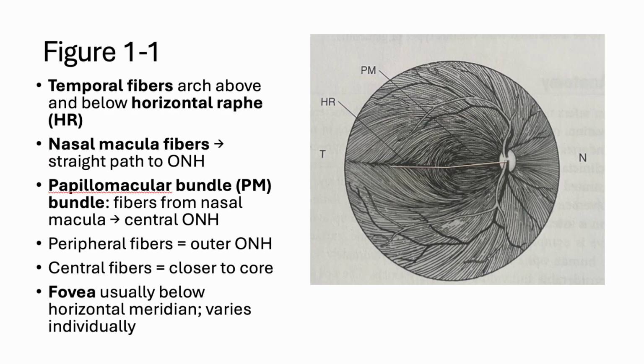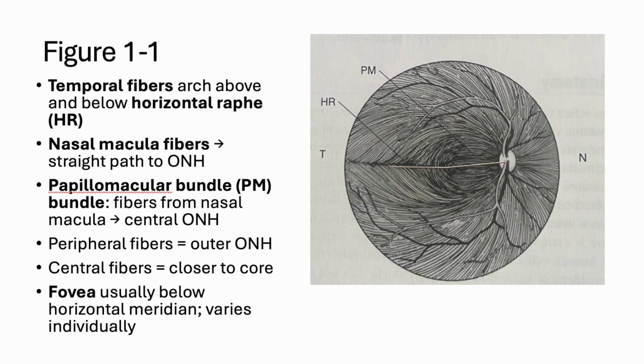Figure 1-1. This illustration shows the anatomical pathways of nerve fibers entering the optic nerve head. Temporal fibers arch above and below the horizontal raphe. Nasomacular fibers take a straight path to the optic nerve head.